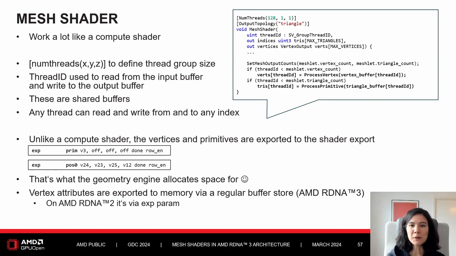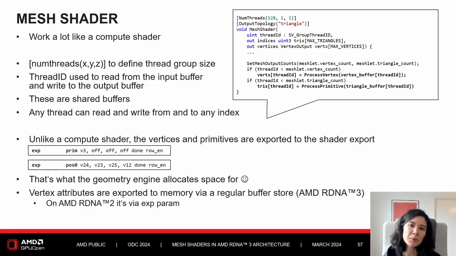So I talked about mesh shaders themselves already a bit. Let's talk more about them. Mesh shaders are a lot like compute shaders. You use num threads to define the thread group size, and then you use the thread ID to read from the input buffers and to write to the output buffers. These buffers are shared, so any thread can read and write to any index.